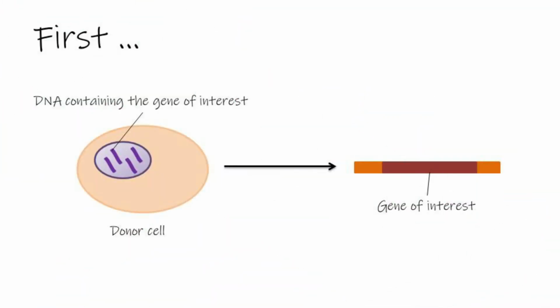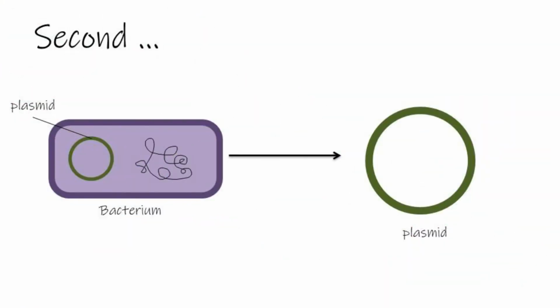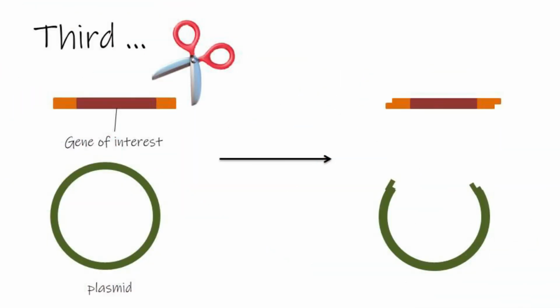First, obtain DNA fragments containing the gene of interest from the donor cells, which can be any nucleated cells. Second, obtain a plasmid from a bacterium. Third, cut DNA fragments and plasmids with the same restriction enzyme. This enzyme acts as the scissors and cuts open the plasmid.